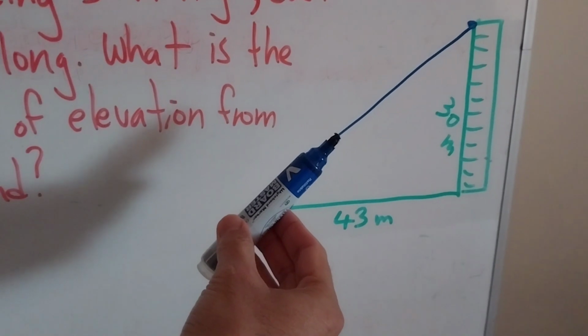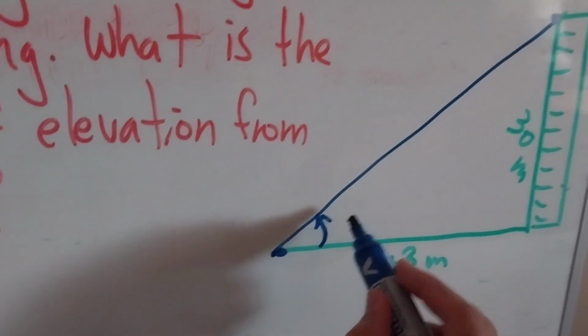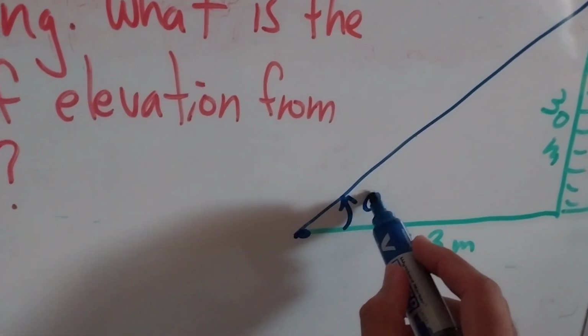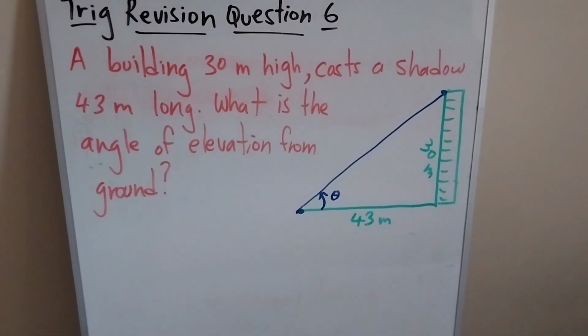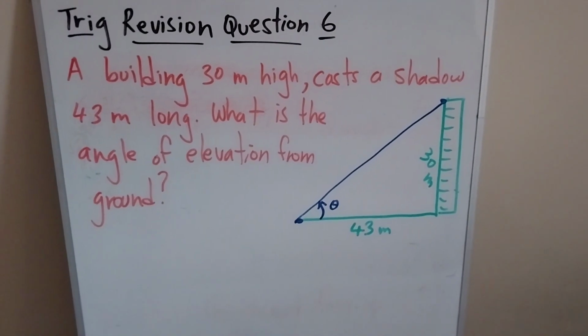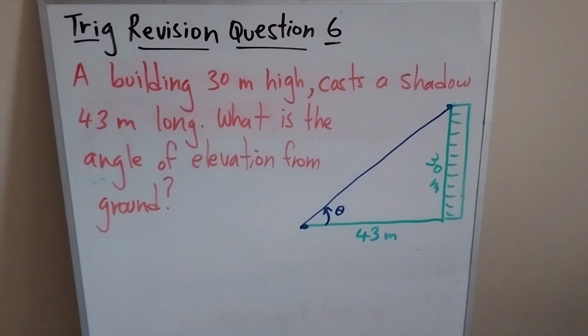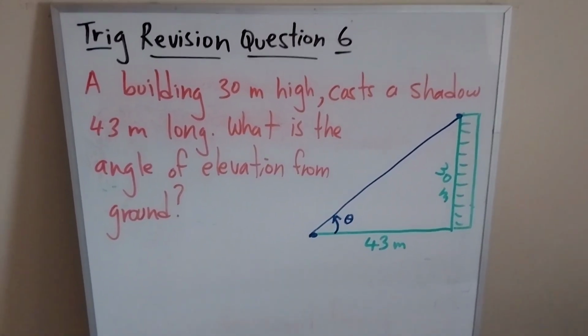How much elevation angle there is. Let's call that angle theta. You can call it x, you could call it m, you could call it g, any alphabet, any variable. So there's a building 30 meters high, 43 meters long shadow, and we are finding that angle.